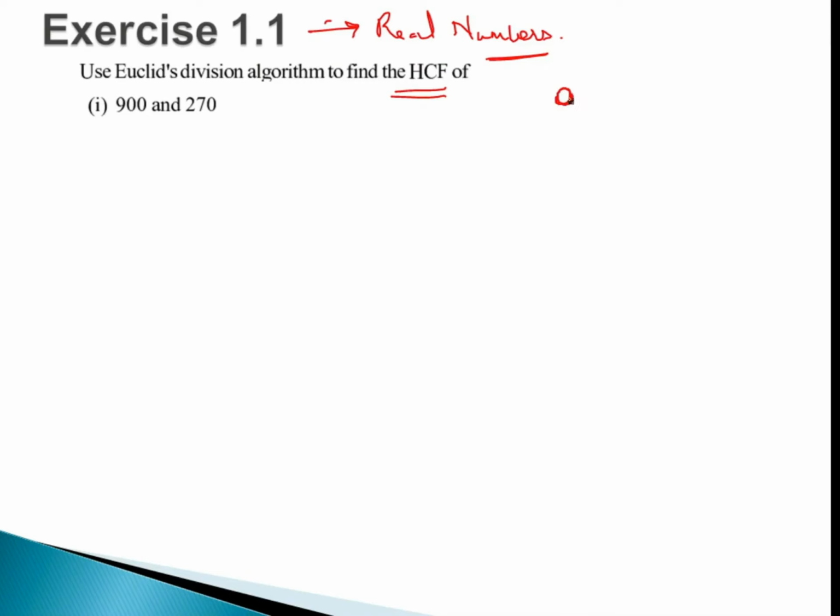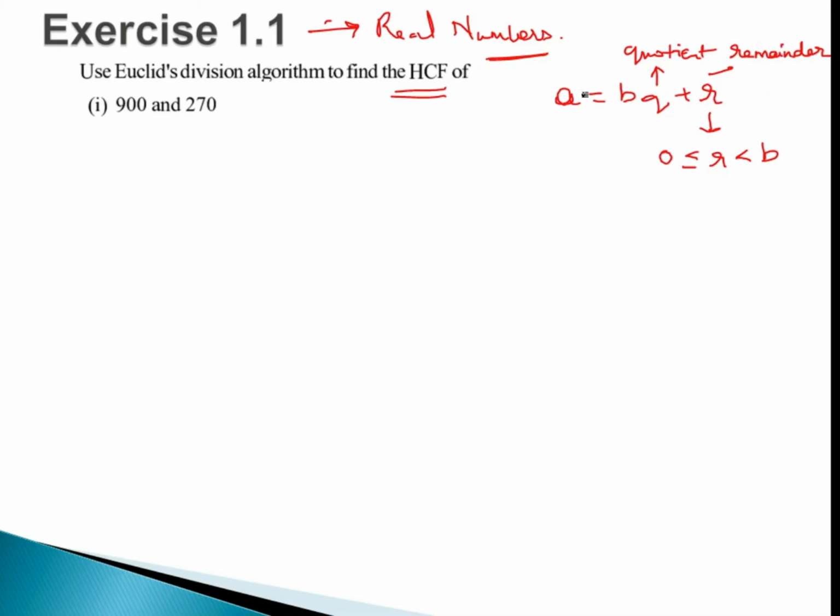A = BQ + R, where 0 ≤ R < B, where Q is your quotient and R is your remainder.